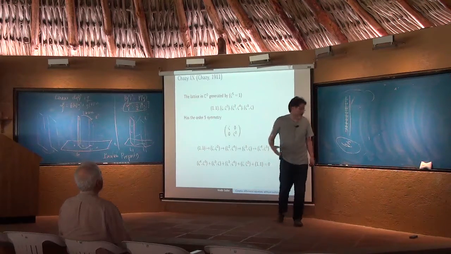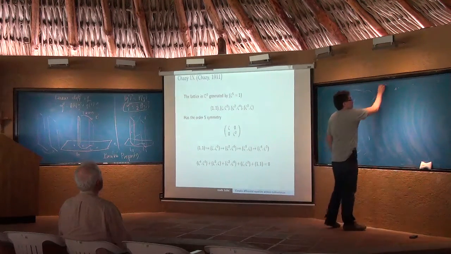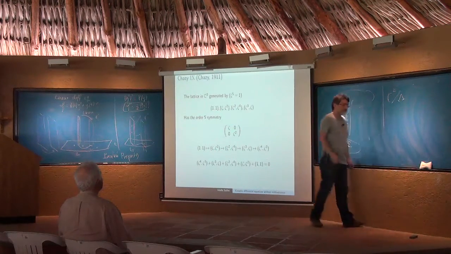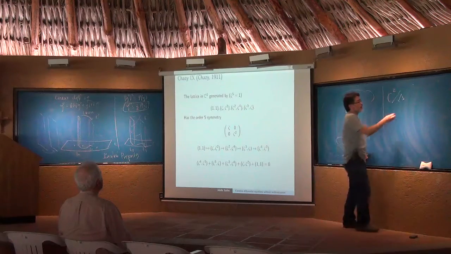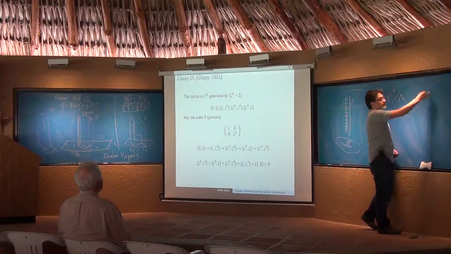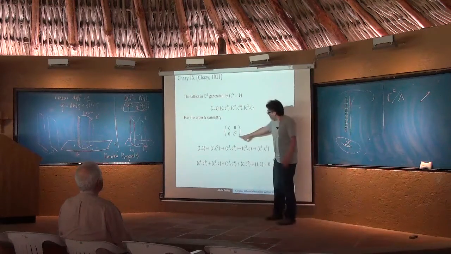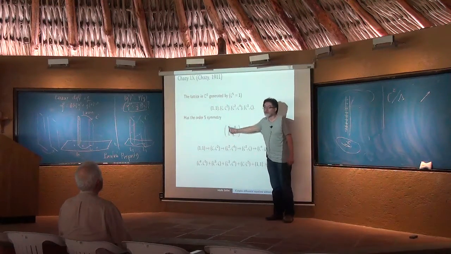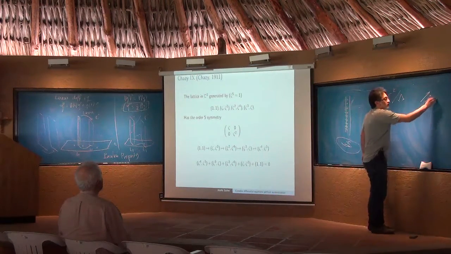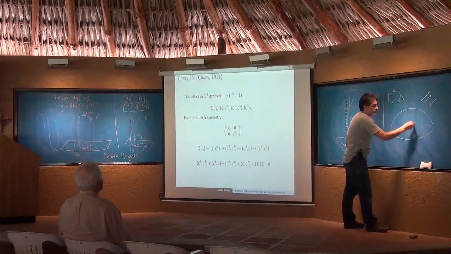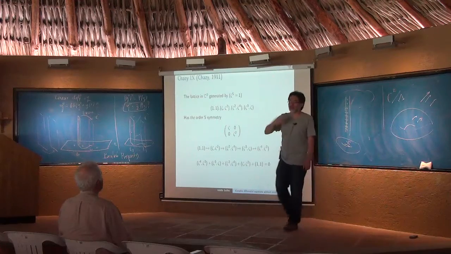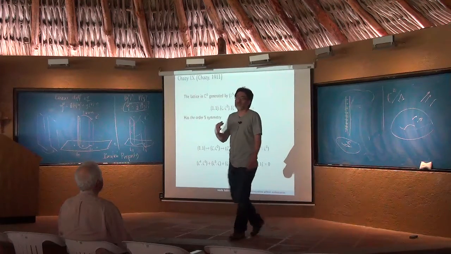So you have C2, and when you quotient by this lattice, that's order 5, and in C2 you have some eigenvectors corresponding to these diagonal matrices, and these will give you some constant vector fields on your abelian surface that are preserved, up to multiplication by some constant, by this order 5 automorphism of the curve.